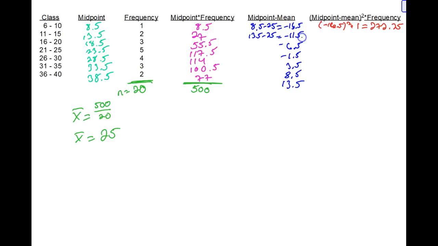So a negative 11.5 squared times 2 is going to give me 264.5. Negative 6.5 squared times 3 will give me 126.75.